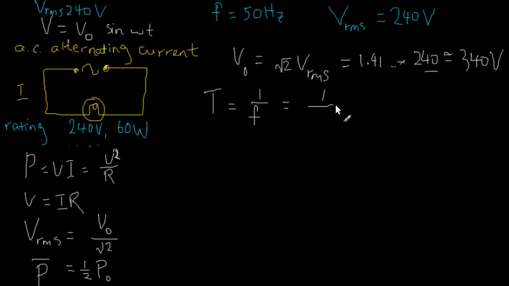Therefore the time for one cycle is 1 over 50, which is 0.02 of a second. Oh no, wait, that's wrong. It's 0.002 of a second. Okay.